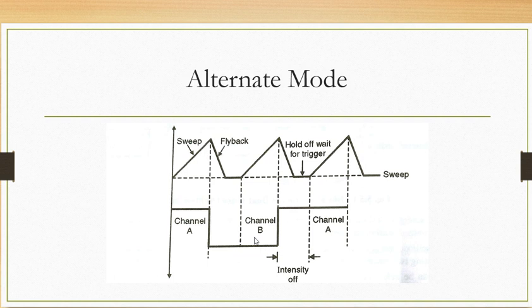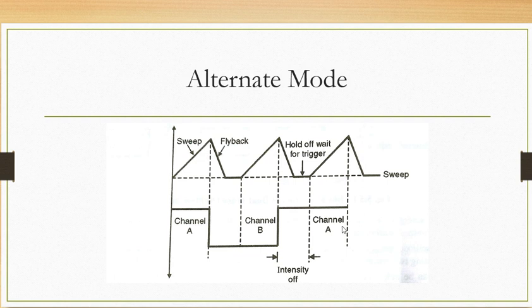So some part of the time is taken by channel A, then flyback is there, then the next part is taken by B, then the flyback is there, again the part is taken by channel A, okay. And if you want to see that, you have to set the slow speed of the time base up to 50 millisecond per division, okay.